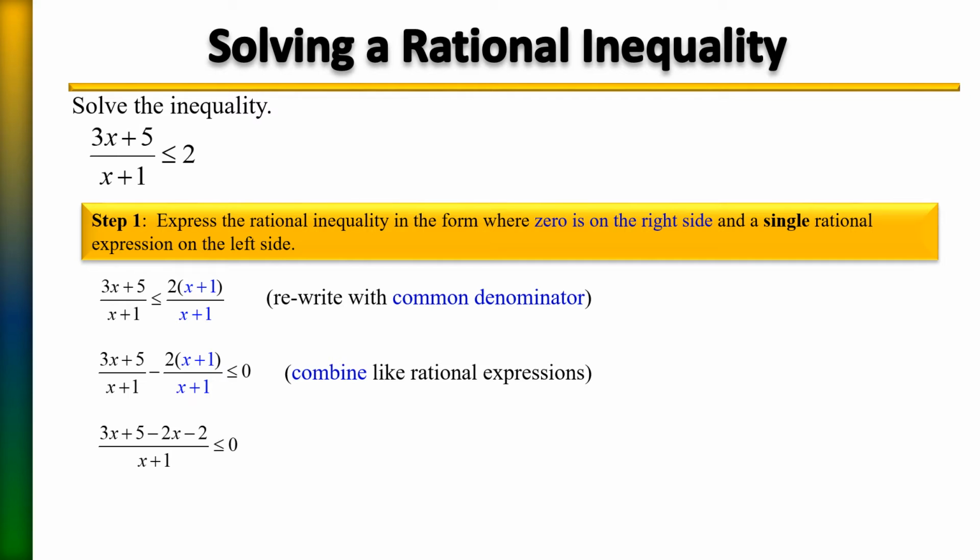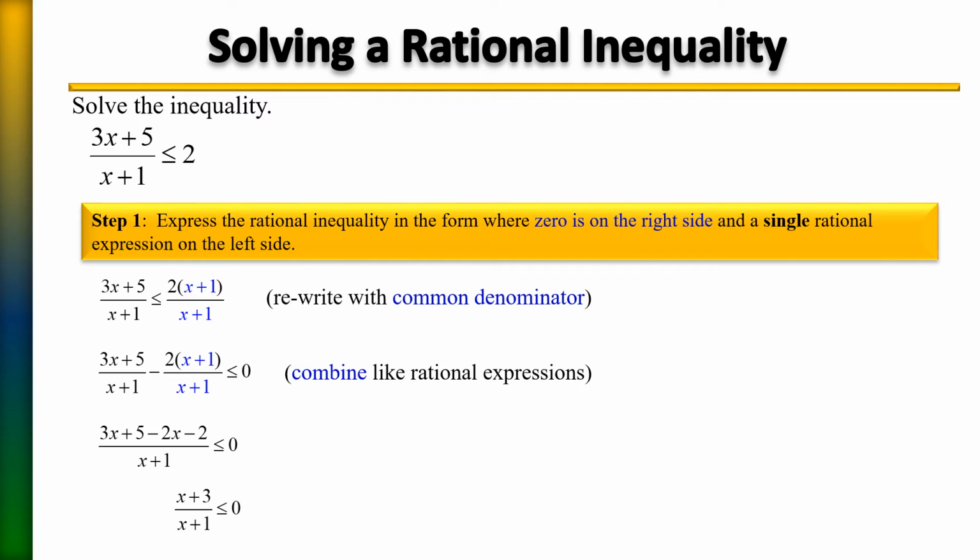Once we combine the numerator, that's going to leave us with our single expression of x plus 3 over x plus 1, and we have 0 on the right. And again, we got that x because 3x minus 2x equals x. 5 combined with a -2 equals +3.